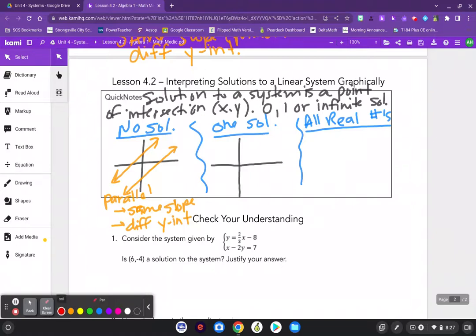I could have 1 solution, and 1 solution would be if I had 2 lines that intersected each other at just that one point, okay? And so intersect at one point, x, y.